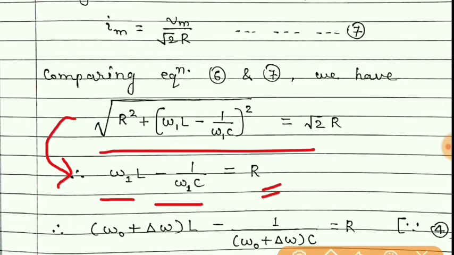First of all, what you have to do? You have to square on both the sides so that this square root will be removed, and then you will get this equation. So students, this much mathematics you have to do on your own. It is simple.